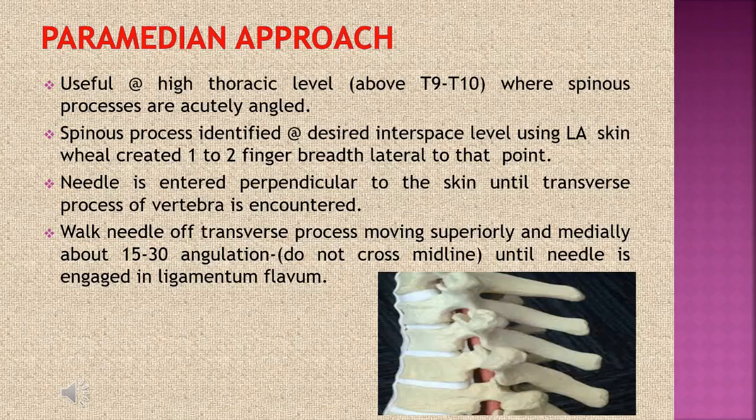The needle is entered perpendicular to the skin until the transverse process of the vertebra is encountered. The needle is walked off the transverse process, moving superiorly and medially about 15 to 30 degree angulation, until the needle is engaged in the ligamentum flavum. We should not cross the midline.